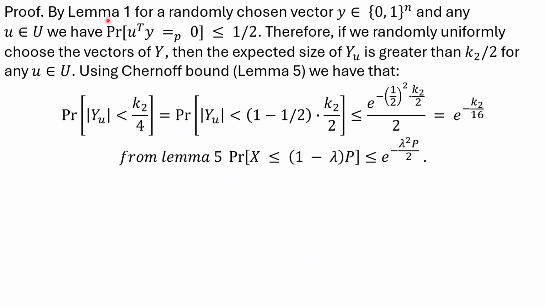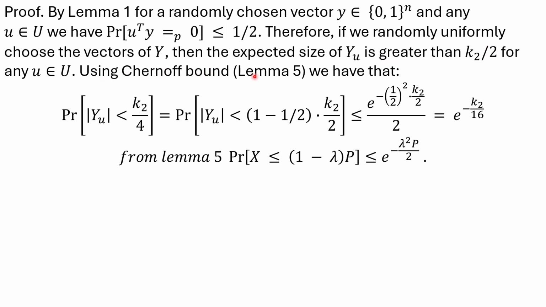By lemma 1, for a randomly chosen vector y and any u that belongs to U, we have the probability that u transpose y is equal to 0 is less than or equal to half. Therefore, if we randomly uniformly choose the vectors of y, then the expected size of yu is greater than k2 divided by 2, because we have k2 pairs in y.